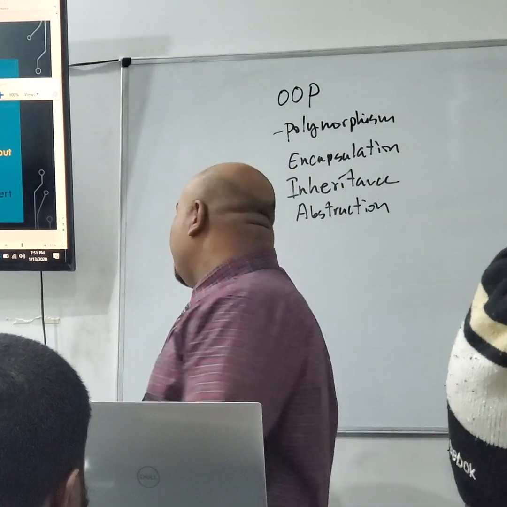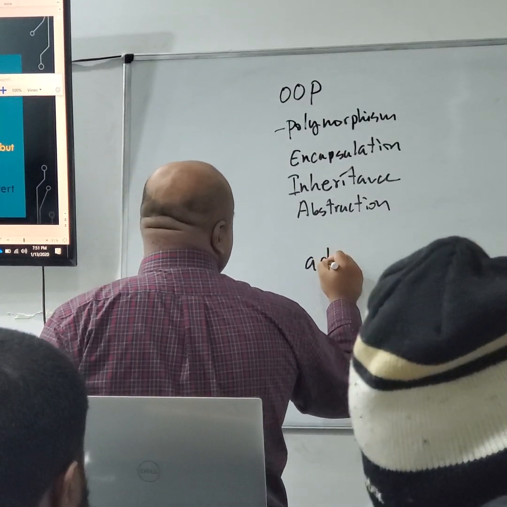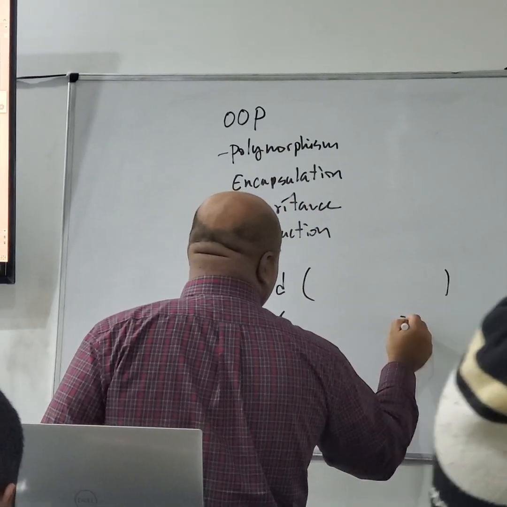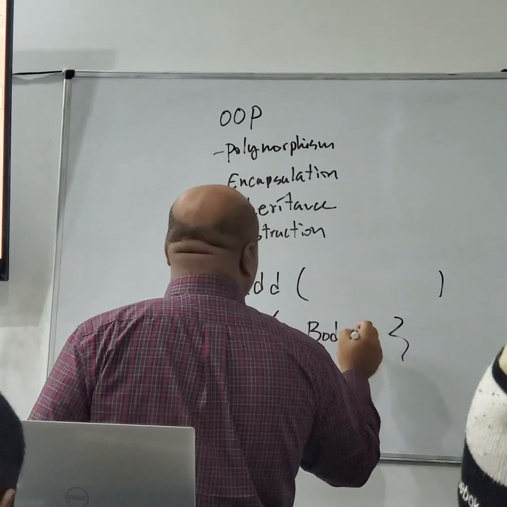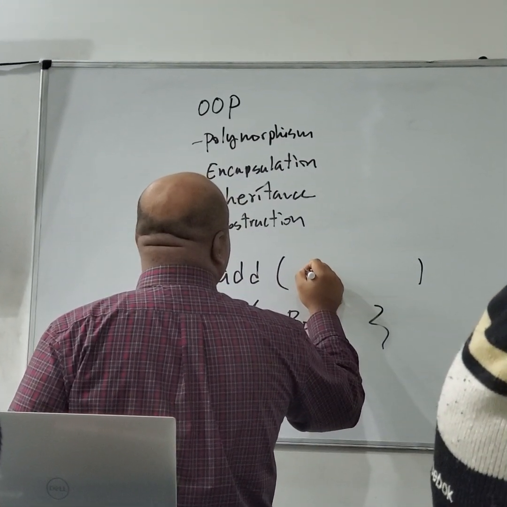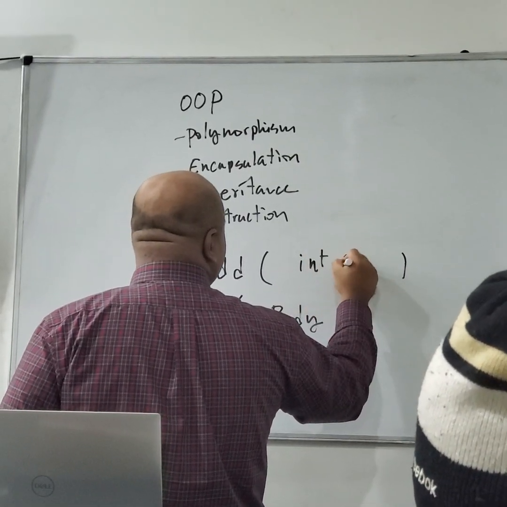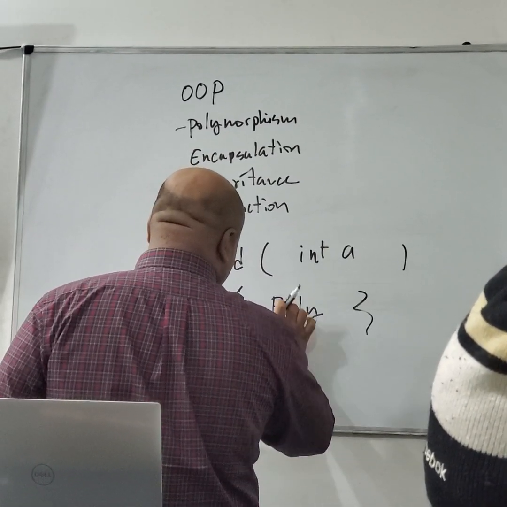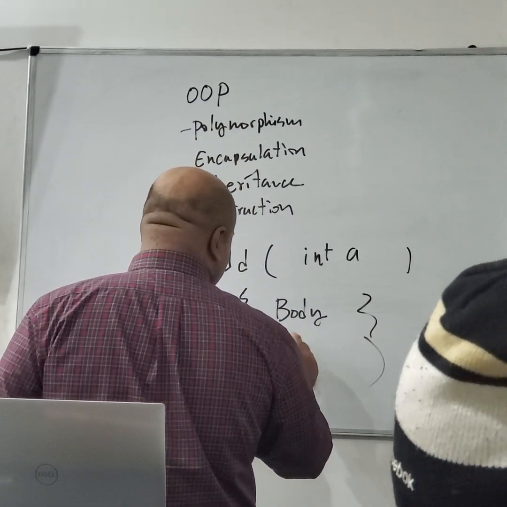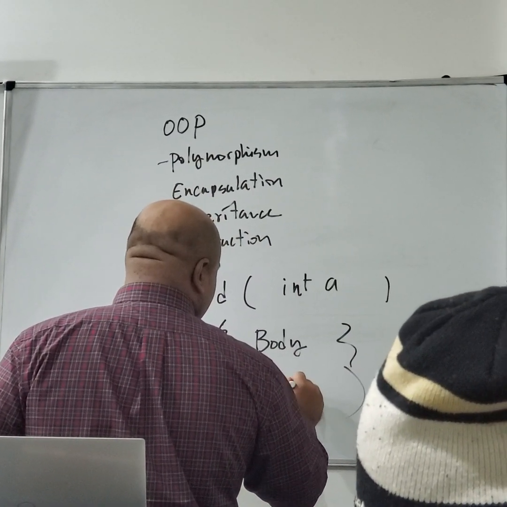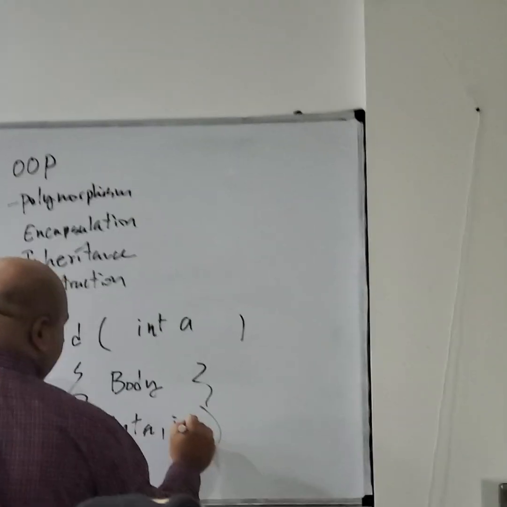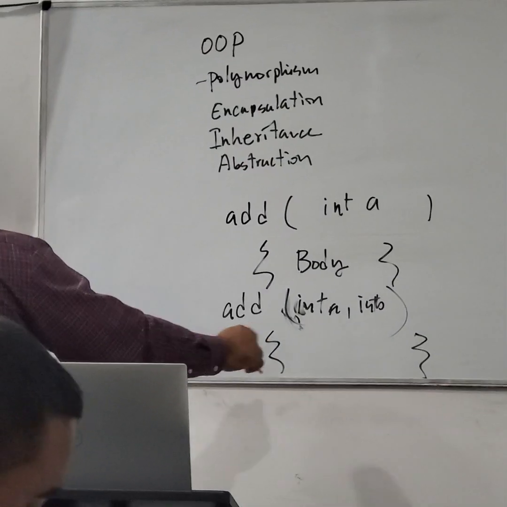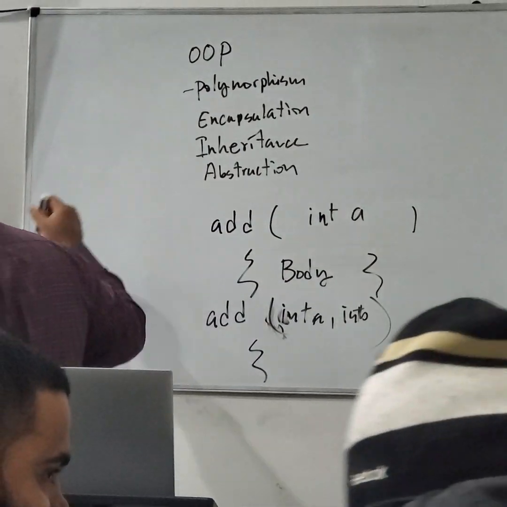So overloading: suppose you have a method named add. With overloading, you have the same method name and multiple parameters, like A and B. Overriding is going to have the same parameters and the same method.